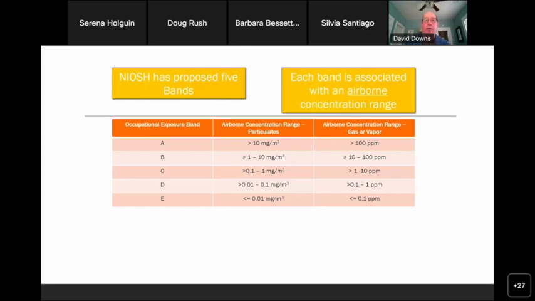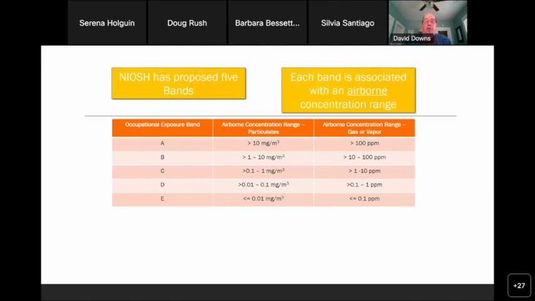So for airborne particulates, as you can see here, if the control range is greater than 10 milligrams per cubic meter, or greater than 100 parts per million, then that's considered a material that would be assigned to the lowest occupational exposure band, or the A band.